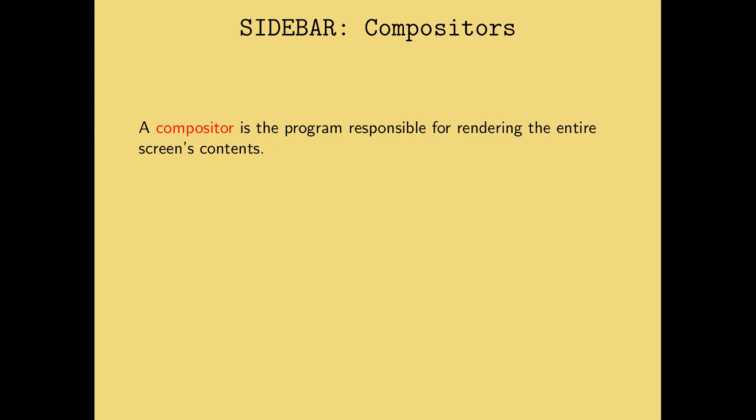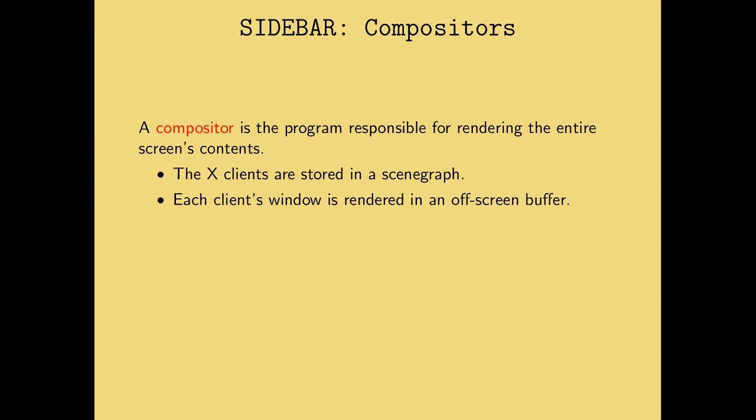A compositor is the program responsible for rendering the entire screen's content. Quite a big job. The way it works is that the windows are stored in a scene graph, so that tells you where the various windows are. Each window has an off-screen buffer that it's rendered to.